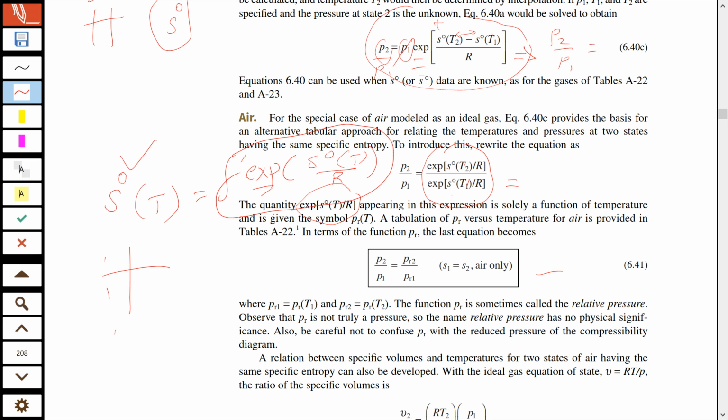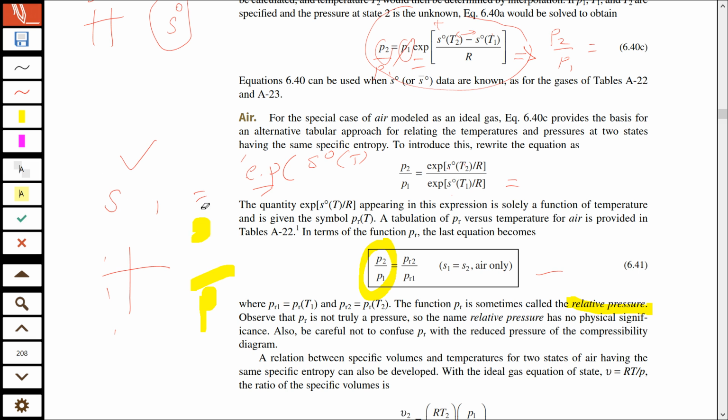Because this will appear in some tables, there is a name given to it. It's just called relative pressure. Relative in the sense that you are calculating P2 over P1.